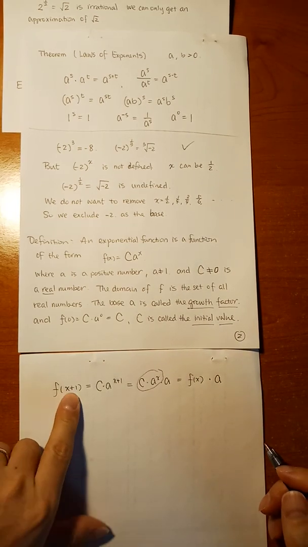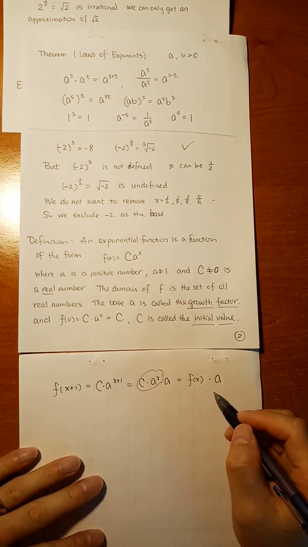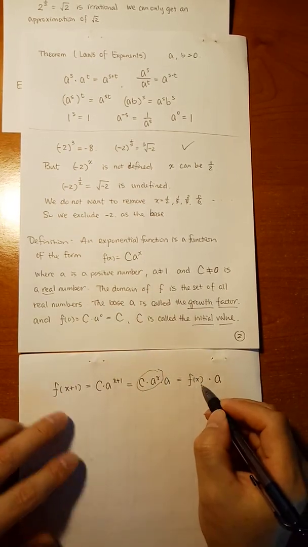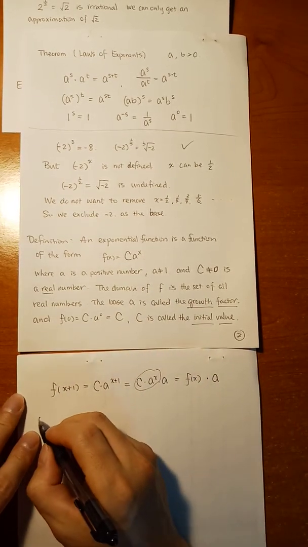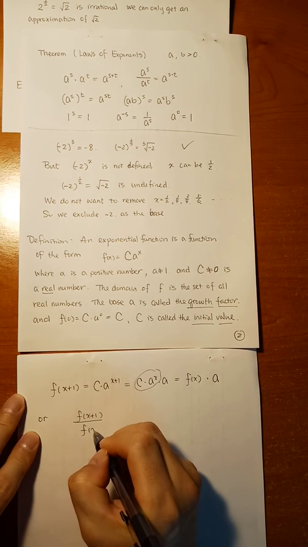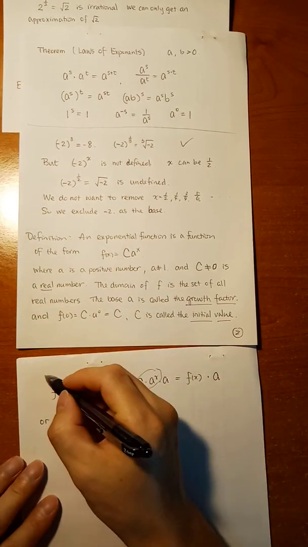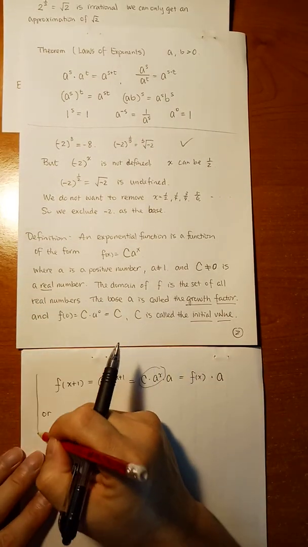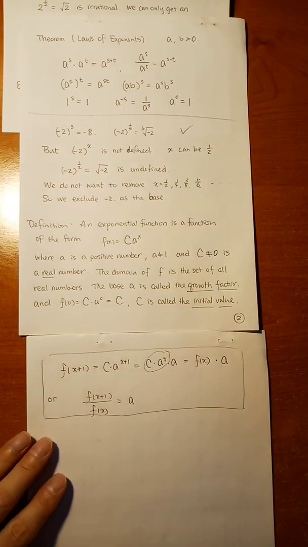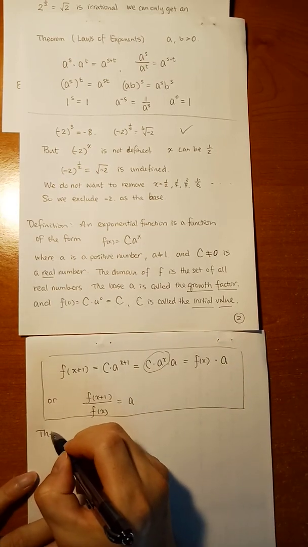So you see here, you add 1 to x, you actually multiply the function by a. Or you can divide by this f of x, and you will get f of x plus 1 over f of x, which is equal to a. This is a property of the exponential function.